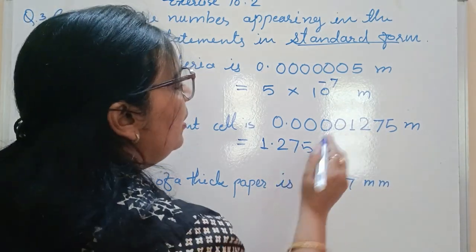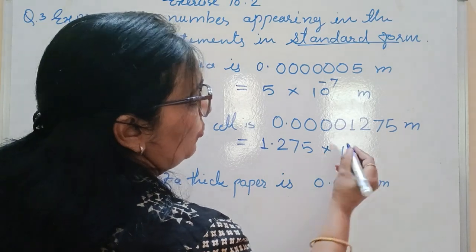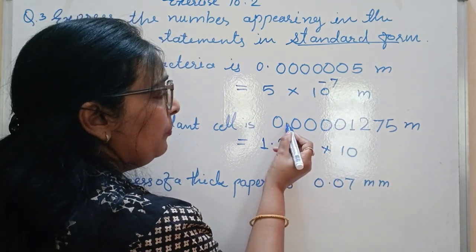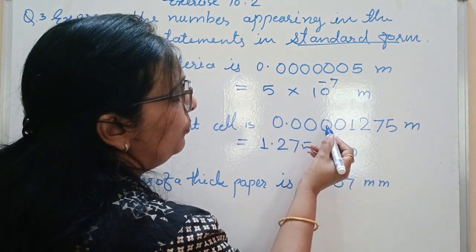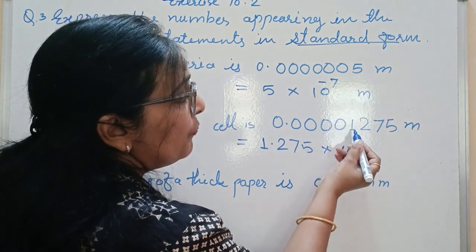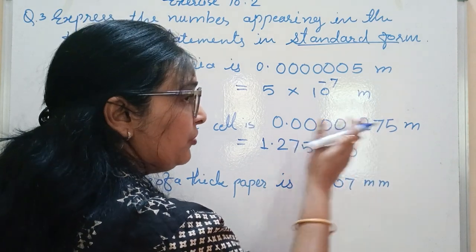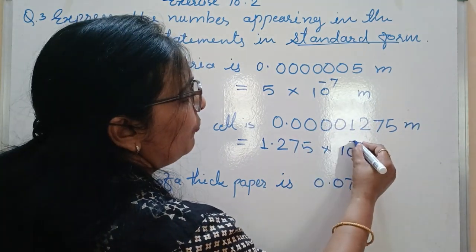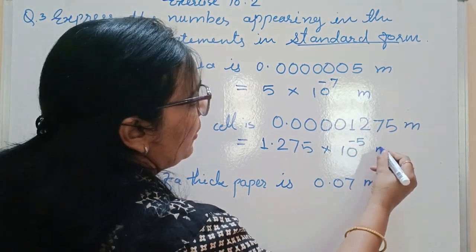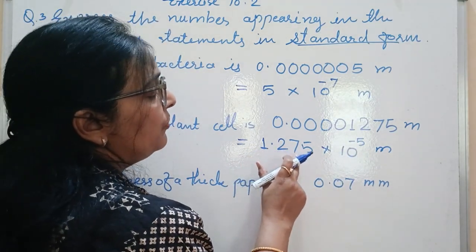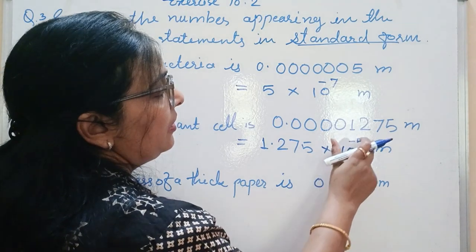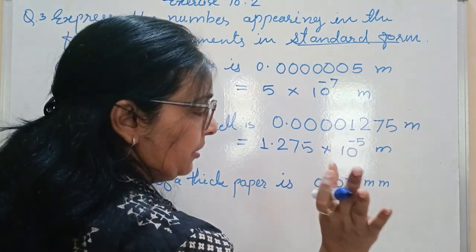Into 10 raised to. Now here the decimal point is shifting after 1. How many places? 1, 2, 3, 4, 5 places. And which side? Right side. Therefore, minus 5. So what is your answer in standard form? 1.275 into 10 raised to minus 5 meter.